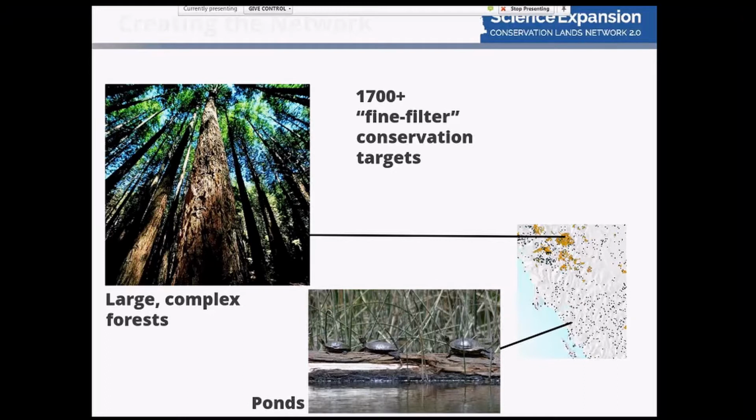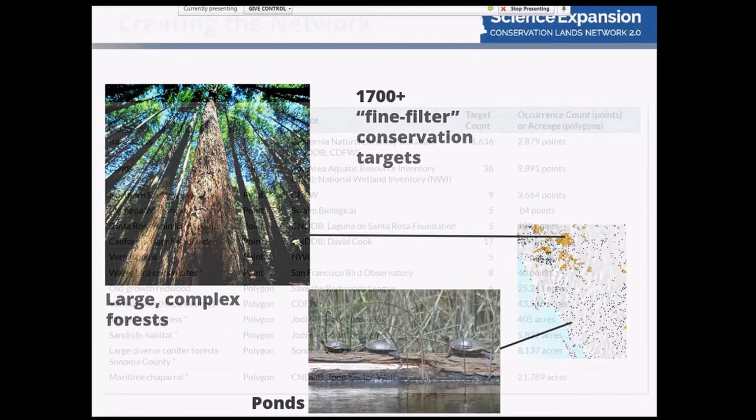That's by the U.S. Forest Service, and there is quantitative information in there, but we were able to use LiDAR-based information in the Bay Area to identify large complex forests. We included that as a fine filter target because the distribution was better in that LiDAR data set than in the eVeg, which is not surprising because LiDAR is very accurate and fine scale. But we have lots of different fine filter targets. Those were just two examples.